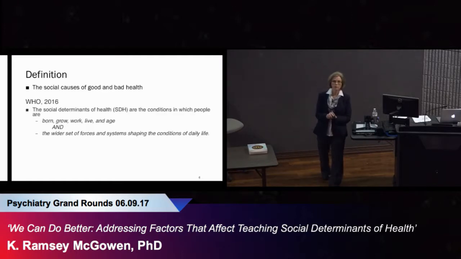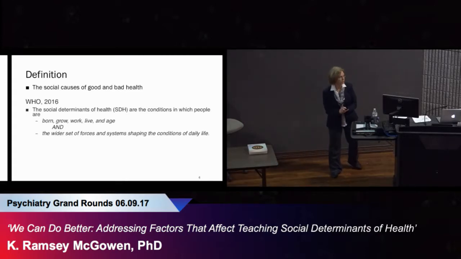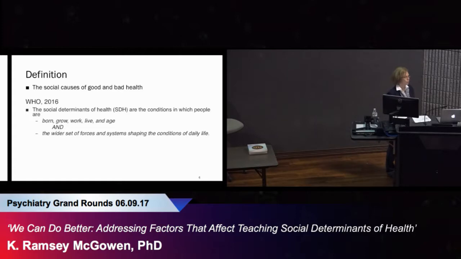The World Health Organization is the one most commonly referred to, and you can see that it has 2 parts. The conditions in which people are born, grow, work, live, and age, and an expansion of that to clarify that the conditions include the forces and the systems that actually shape those social conditions.